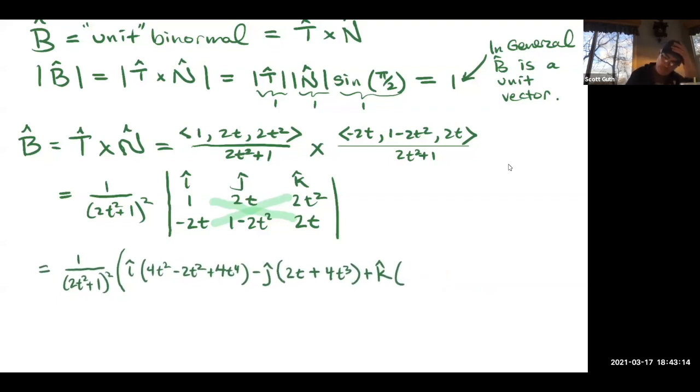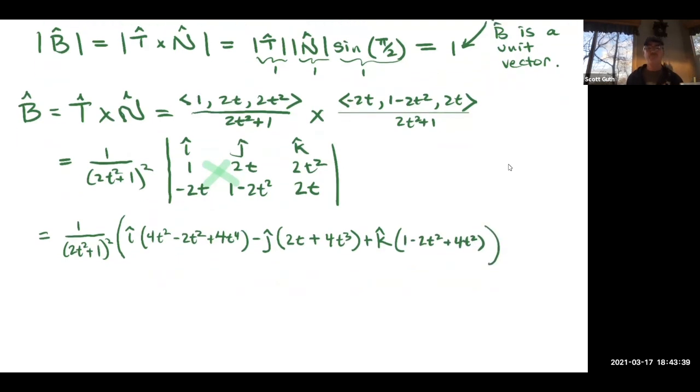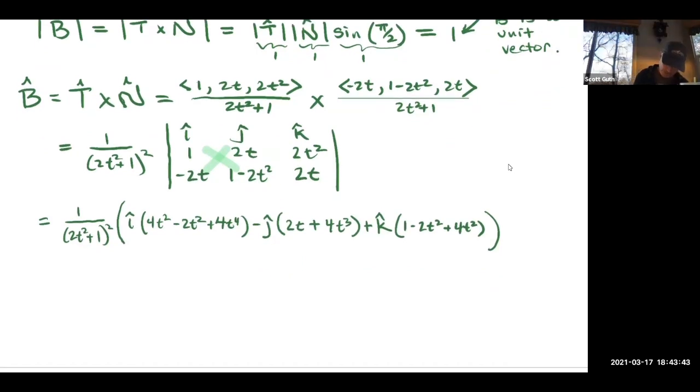Okay, and so for k hat, we're going this way. So we're going to get 1 minus 2t squared, and then minus negative 4t squared. So that's plus 4t squared. Like that. All right, so let's see how quickly we can clean that up.